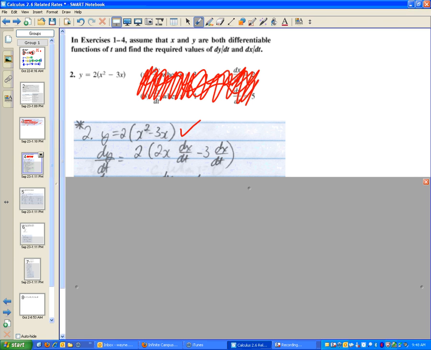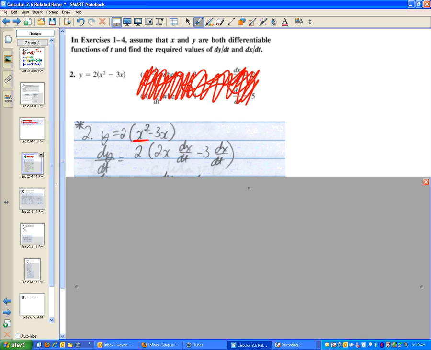Now, 2 is a constant and remains a constant, so I'm using the constant multiple rule on the right side. It's going to be 2 times whatever the derivative of the parentheses is. So let's concentrate on getting the derivative of the parentheses.